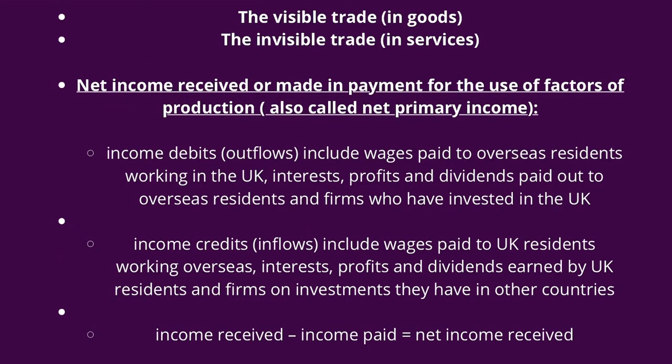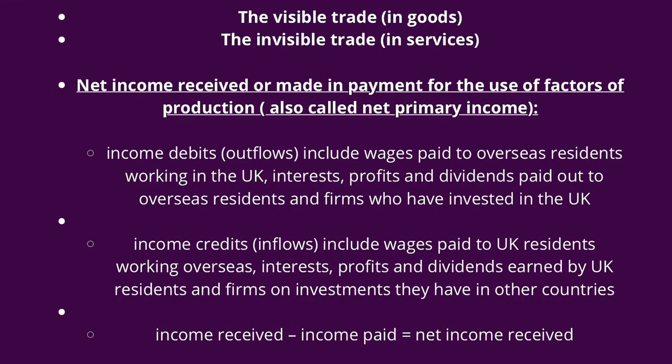So, this current account will record the visible trade in goods, the invisible trade in services, net income received or made in payment for the use of factors of production, also known as net primary income. So these are income debits, which are outflows, include wages paid to overseas residents, interests, profits and dividends paid to overseas residents.